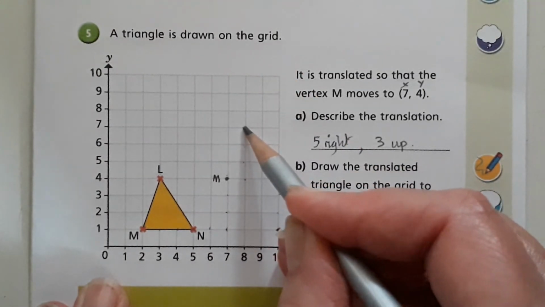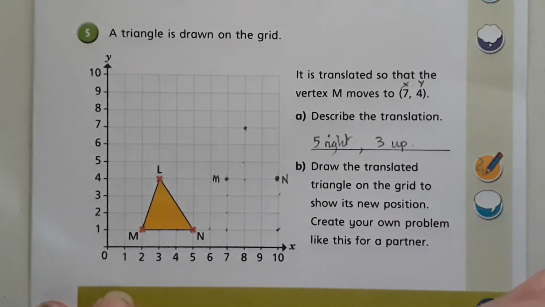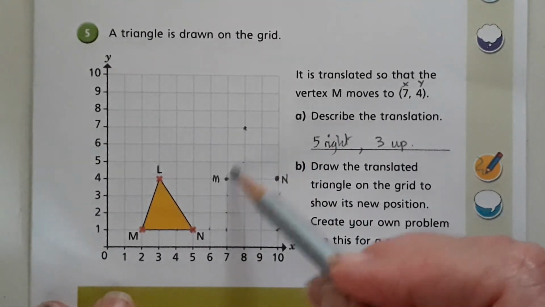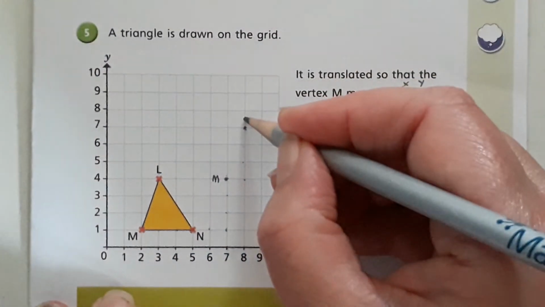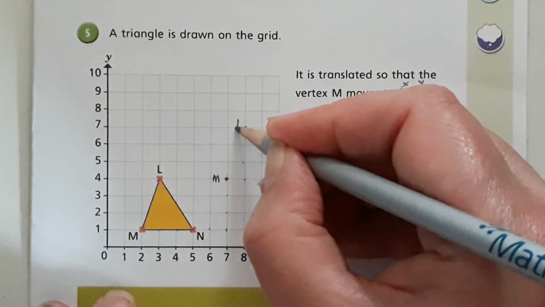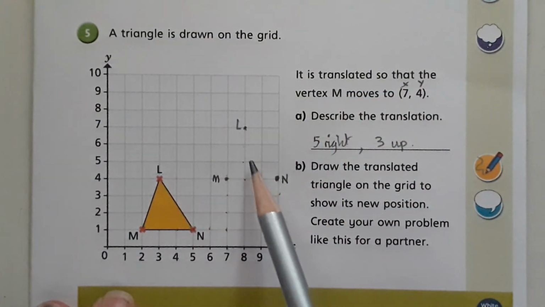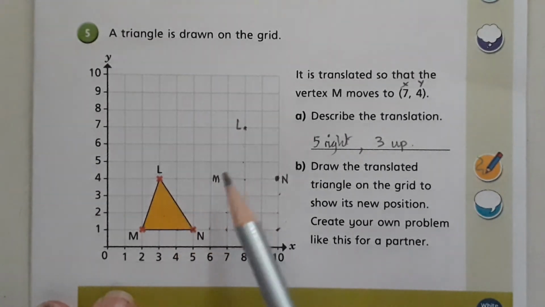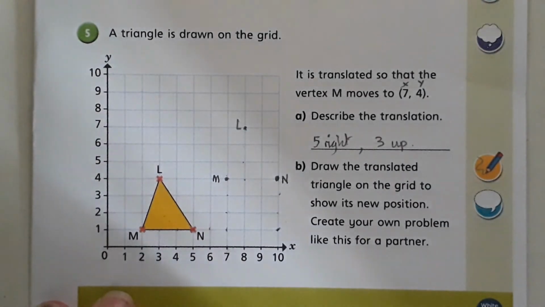Okay, and then you're going to join your vertices to complete the triangle. All right, and the triangle will be absolutely identical, just moved 5 to the right and 3 up. Okay, so you can work that out.